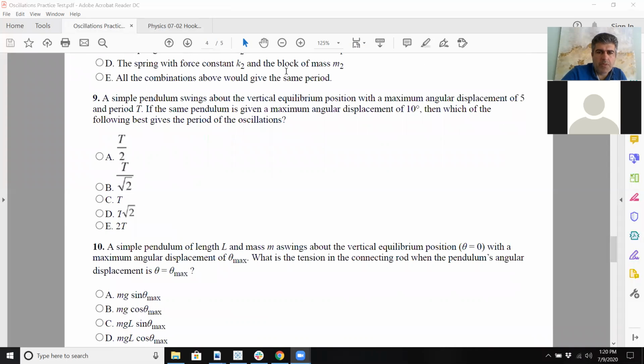A simple pendulum swings about a vertical equilibrium position with angular displacement 5 degrees and period T. The same pendulum is given a maximum angular displacement of 10 degrees. Which of the following best gives the new period? Yeah, we haven't done that either, so let's cross that one off too. Sorry, we haven't really done much with pendulums, so I don't think it's fair to ask you guys that.